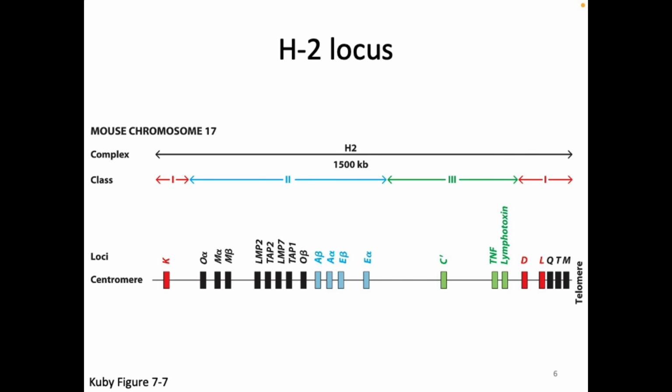One thing you should be able to notice from this is that if you see H2 in a question, your brain should go, oh my gosh, we're talking about mouse MHC. If you see HLA, you should automatically be like, we're in human MHC.